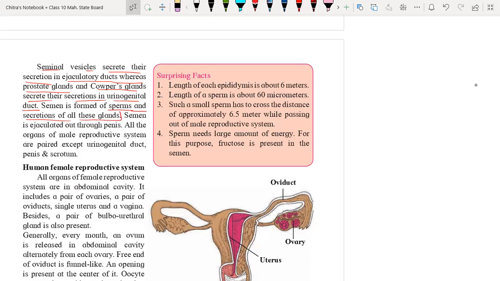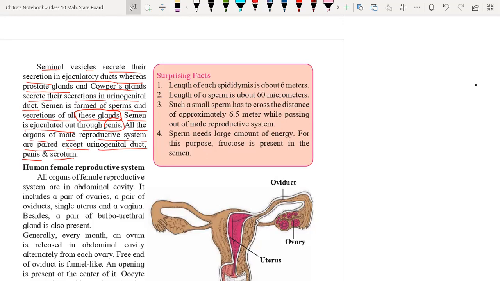See, whatever material the glands secrete, they commonly form the semen. Okay, semen is ejaculated through the penis. All the organs of the male reproductive system are paired and connected with each other except the urinogenital duct, penis, and the scrotum. Okay, so all this is about the male reproductive system.